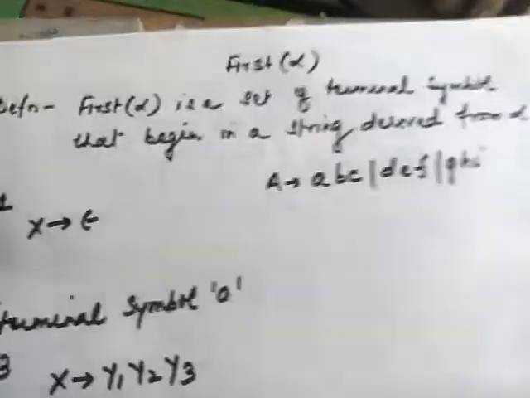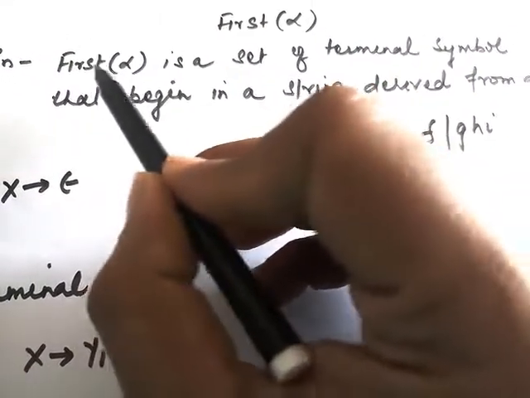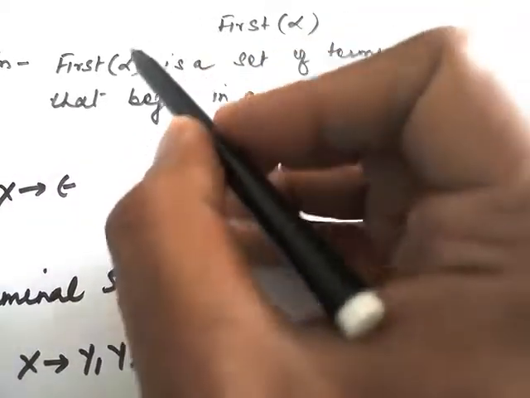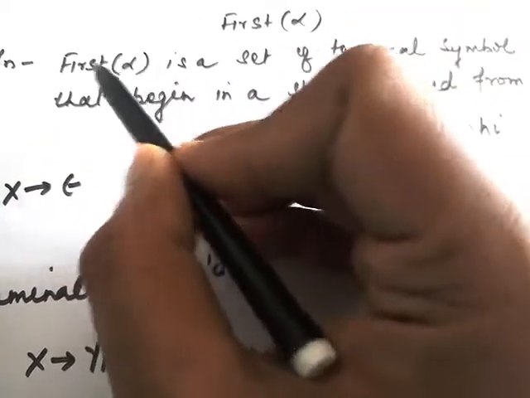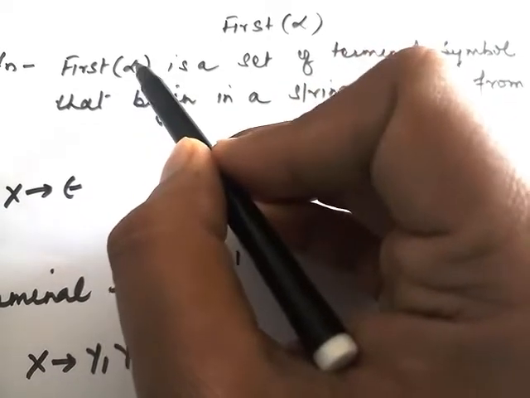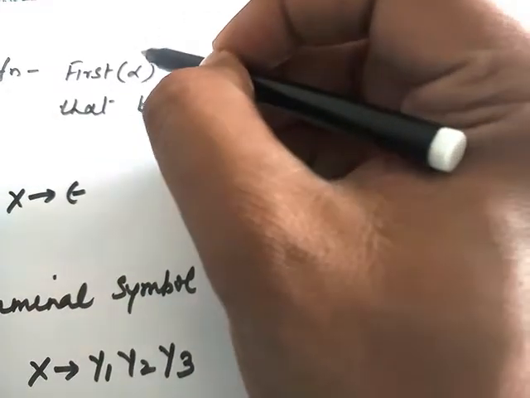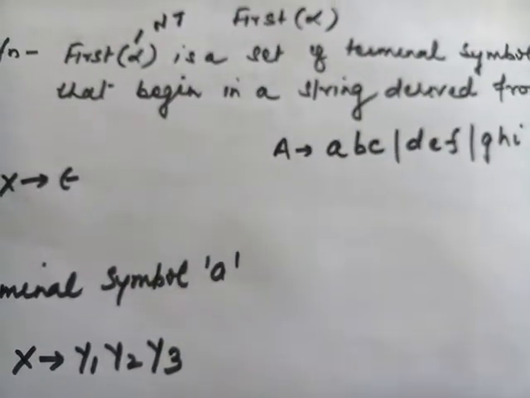So as you can see, what is the definition of a first function? The first function, we always calculate first of alpha, and alpha means it is a non-terminal.